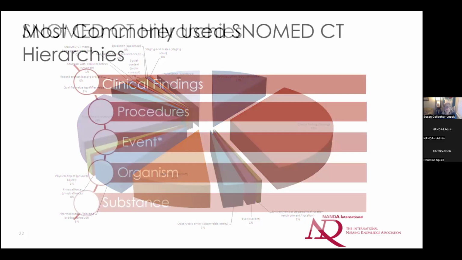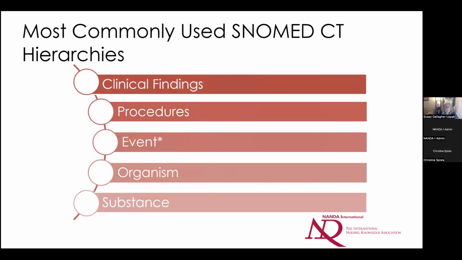So which are the ones that you need to concentrate on? So the most commonly used hierarchies in SNOMED CT, the clinical findings hierarchy, remember I showed you, it's the biggest one. This is where our nursing diagnoses reside. The procedure hierarchy, and this is where all the surgical procedures, our nursing interventions are there.